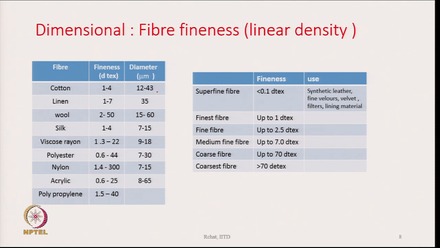Their corresponding diameters in micron are also given. On the right hand side, we see a table where we have classified the fibers in terms of superfine fibers, finest fiber, fine fiber, medium fine fiber, coarse fiber and coarsest fiber.